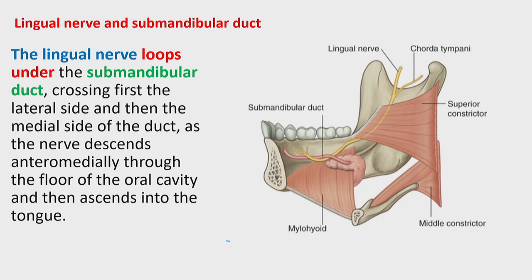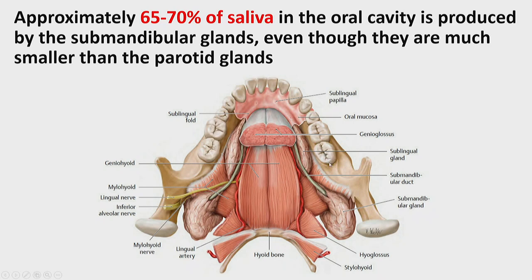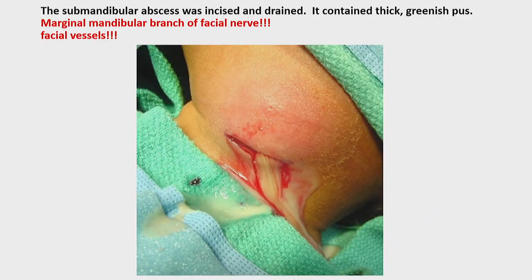Then we will discuss that it supplies the sensory innervation of the anterior two-thirds of the tongue. This is important for surgery, that the lingual nerve goes under and crosses the submandibular duct, which once more you can see here. And as I told you, the submandibular gland, although not bigger than the parotid gland, produces 65 to 70% of the saliva, compared to the 20% that the parotid gland has.